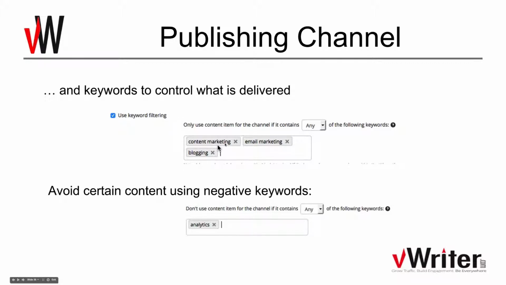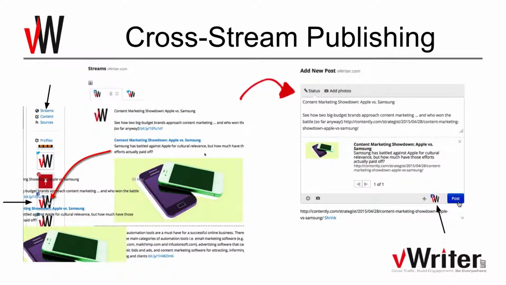So for this example, I've just used the keywords content marketing, email marketing, and blogging just as examples. So it will only pull back content items that contain these words. If they don't contain those words, it won't use it for curation purposes, so it won't create posts for those.